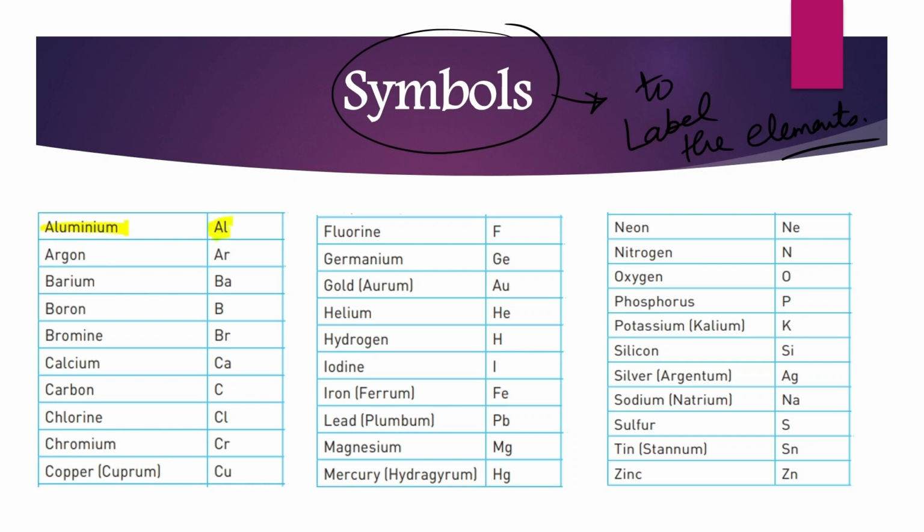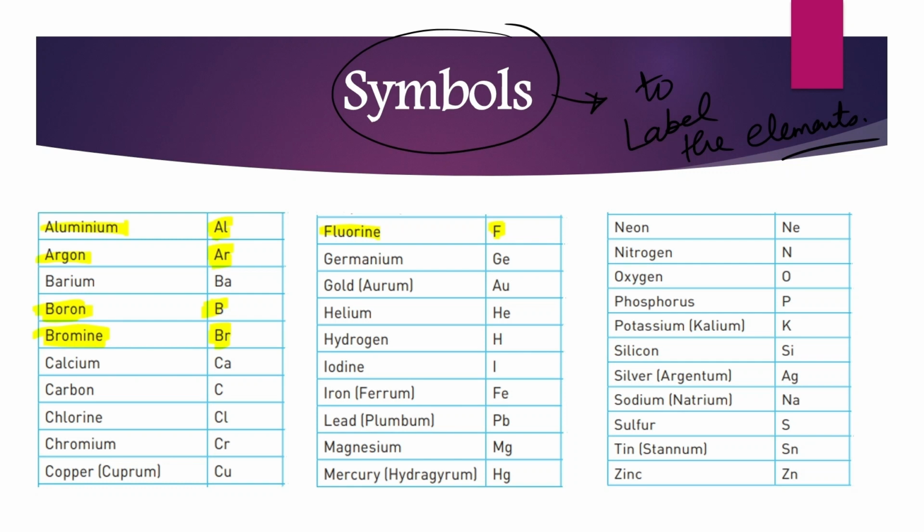The first letter should be a capital letter. Argon starts with A and R and the symbol is Ar. Fluorine symbol is F. Boron is B, bromine is Br. So all these are examples of elements having symbols related to the name of the element.